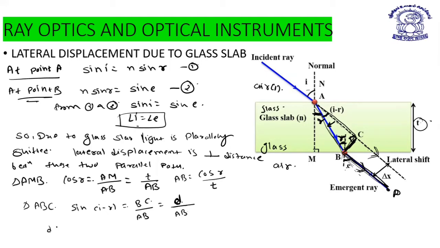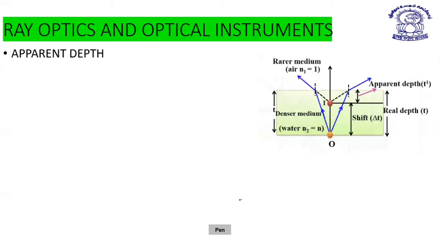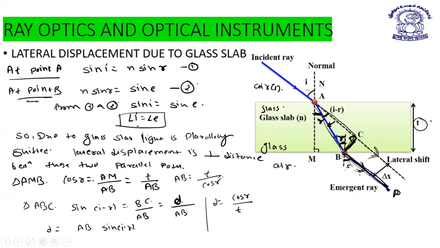So lateral shift D is equal to AB into sine of I minus R. AB can be written as T upon cos R. So D is equal to T upon cos R into sine of I minus R. So this is the lateral shift.